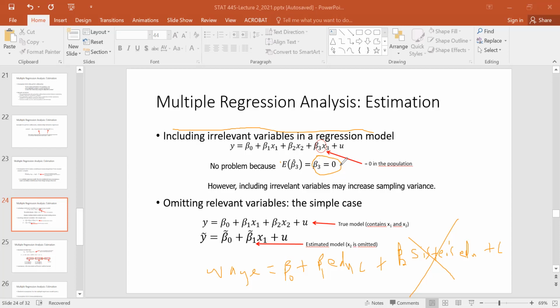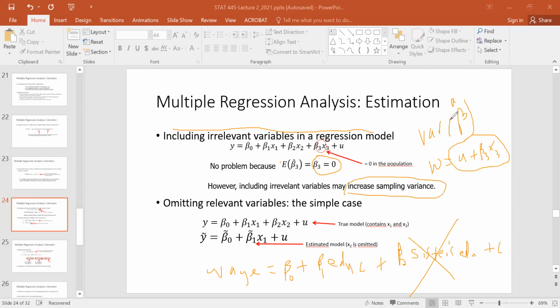But there could be a problem with the variance of your beta hats, because you have included an irrelevant variable. Your new error term can be thought of as U plus beta 3 x3. It's not only U which is your error term, something has been added. So there is a danger that it may increase the sampling variance.